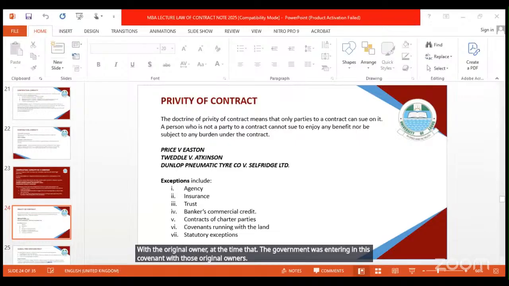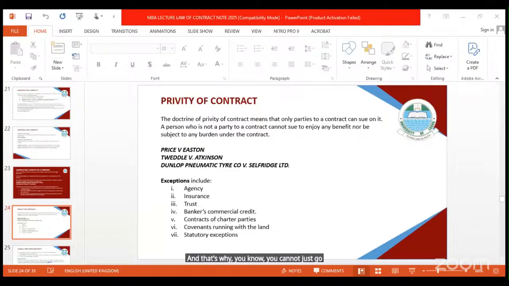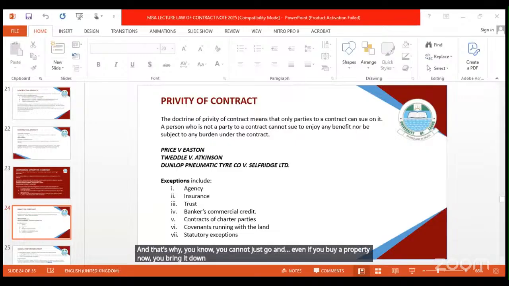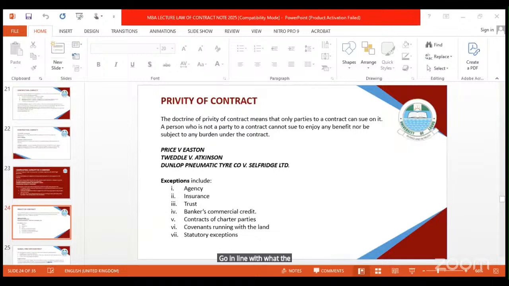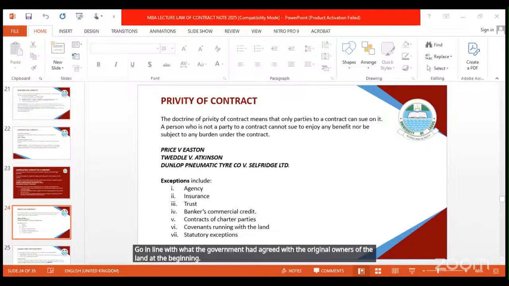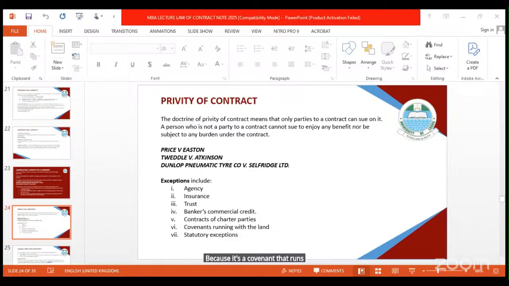And that's why, even if you buy a property now, you cannot just bring it down. You can't just do what you want to do. You have to go in line with what the government had agreed with the original owners of the land at the beginning, because there's a covenant that runs all through, in that regard.